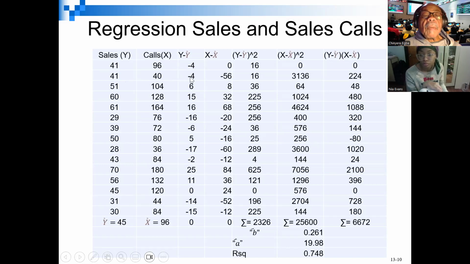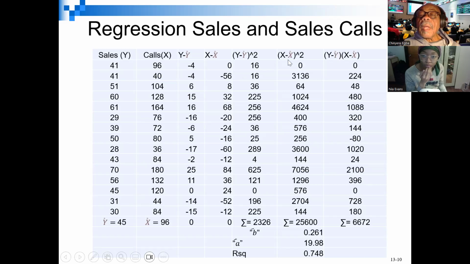And here again, you get minus 4, but 51 minus 45 is 6, and 60 minus 45 is 15, and you go down the line. You do the same thing for x. And so you multiply y minus y bar times x minus x bar. Here it is 0, but here y minus y bar times x minus x bar is 224. And you do that down the line.